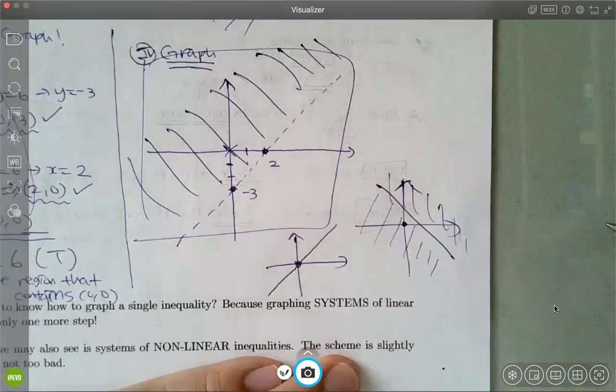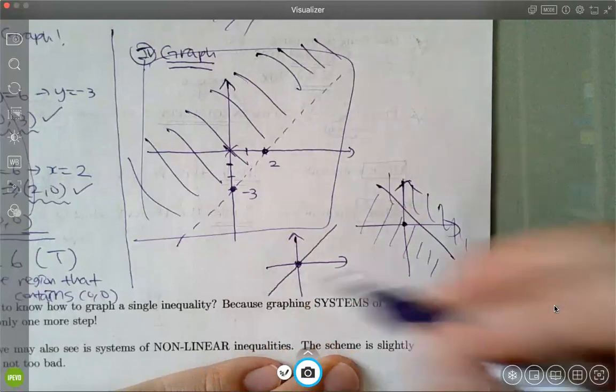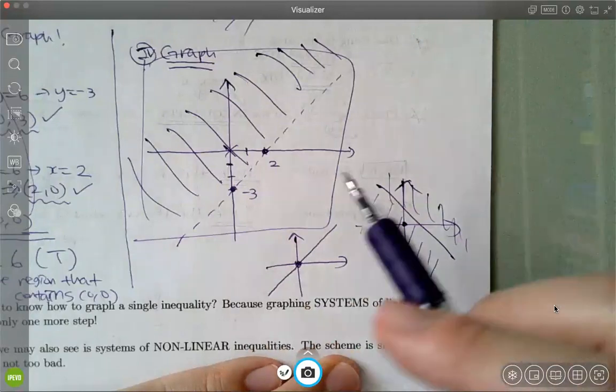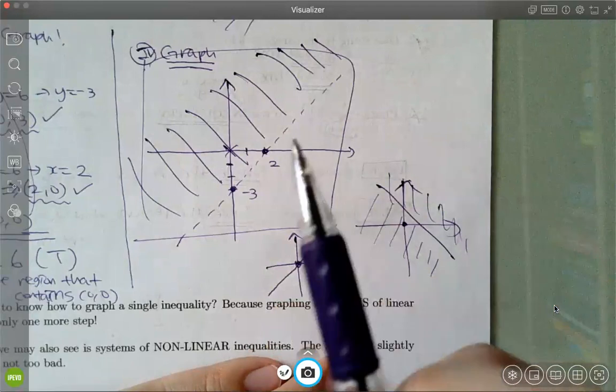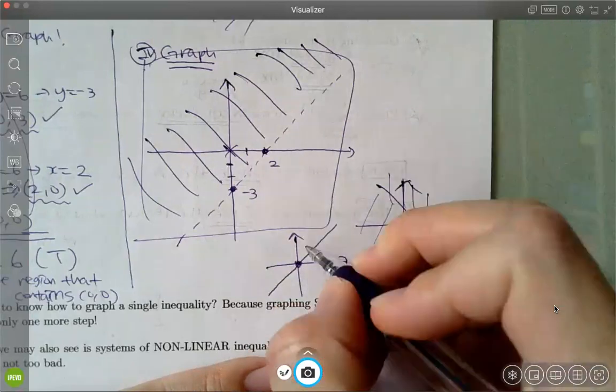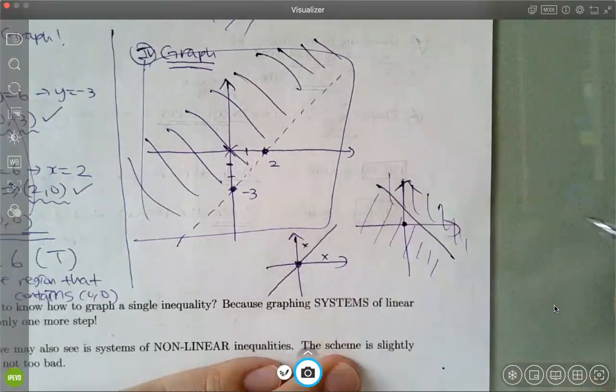And the answer is no. Actually, I was going to say this, but I'm glad you asked this way earlier. So in that case, you cannot use the origin as the test point. So what do you have to do? You have to choose some obvious points that lie completely inside either region.